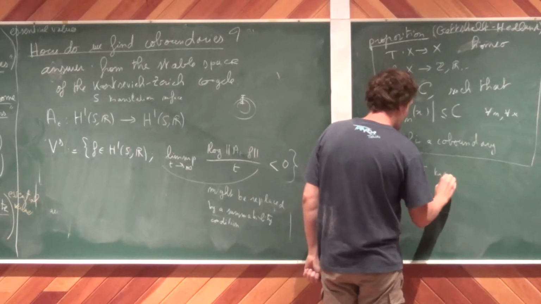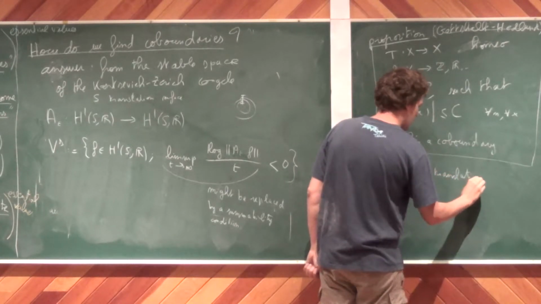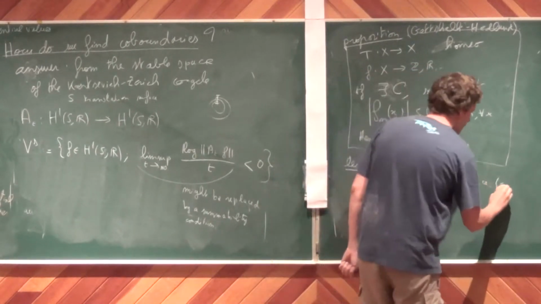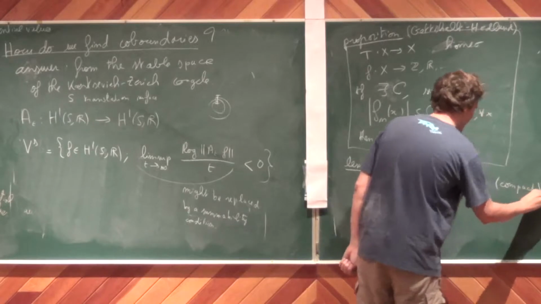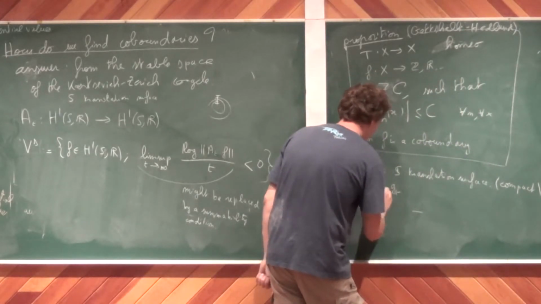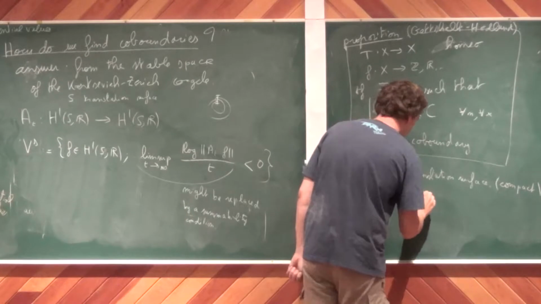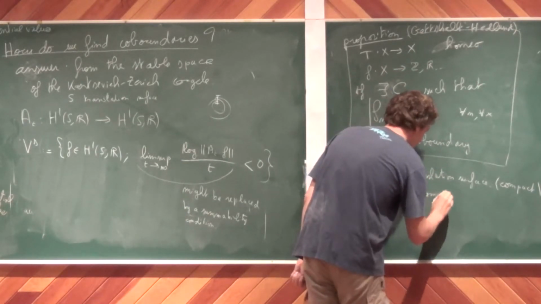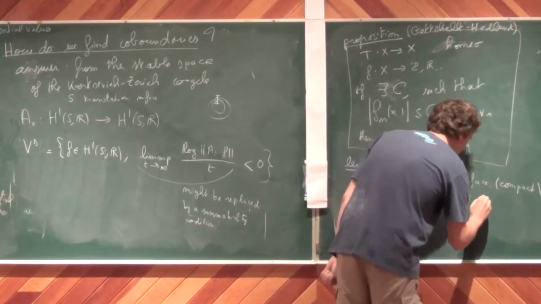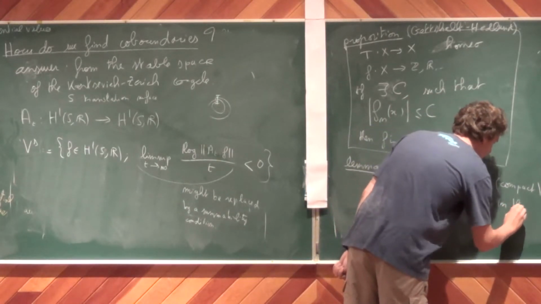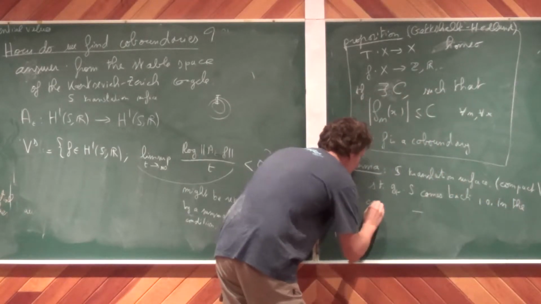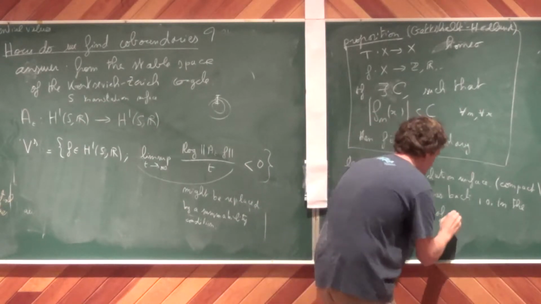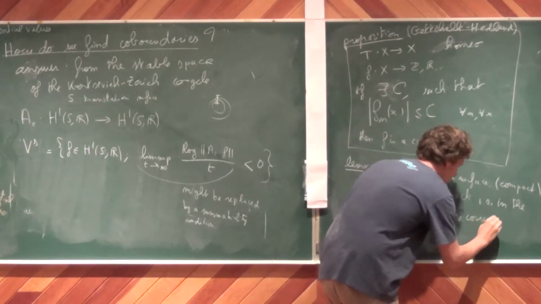Let S be a translation surface such that GTS accumulates in the compact part, or comes back infinitely often in the compact part of the corresponding stratum.